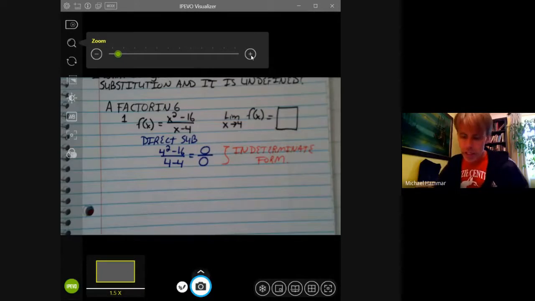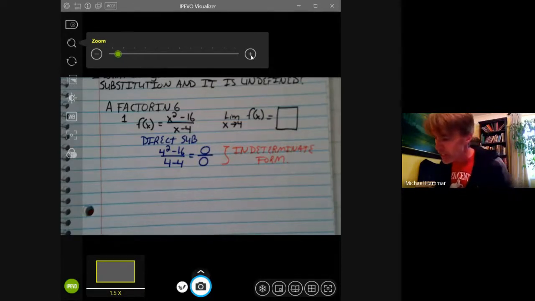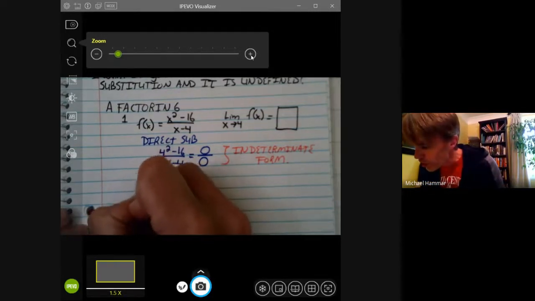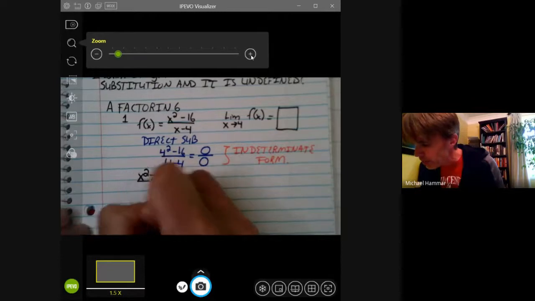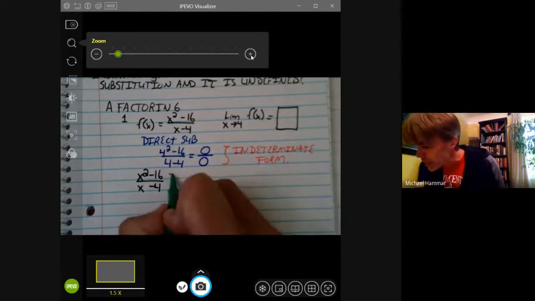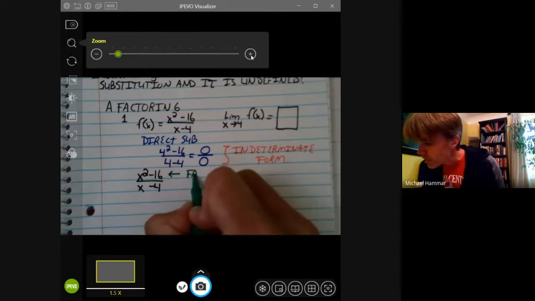So let's do a quick review of how we would factor this thing out. So let's start with our original function. The original function was (x squared minus 16) over (x minus 4). So you should recognize very quickly that this is factorable.